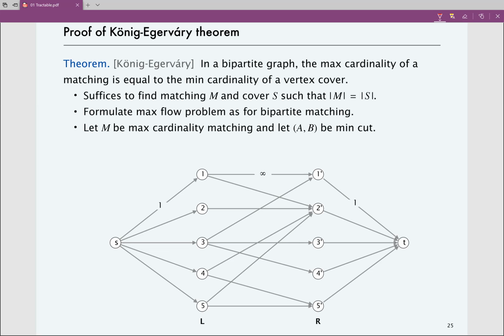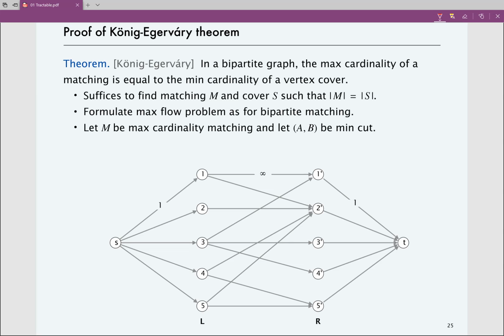Once we have a setup like this, we know that if we compute a max flow on this graph, it produces a maximum matching. I think that was covered during the first half of the course. So we simply create a graph of this form and compute a max flow on it, and from that we know that the size of the max flow is equal to the size of the maximum matching.